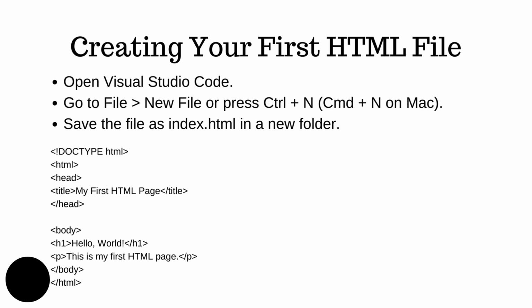We'll go to File, click on New File, or we'll press on our keyboard Control and N together if you're using a Windows system, or Command and N together if you're on the Mac system. We'll also go back to File and save our first file name as index.html in a new folder. So let us do that now.